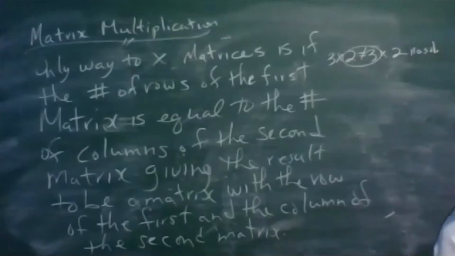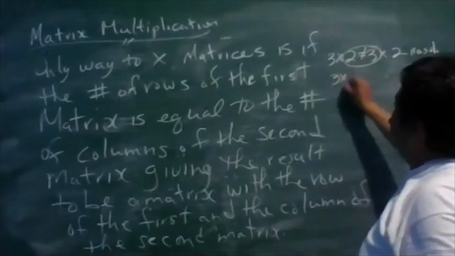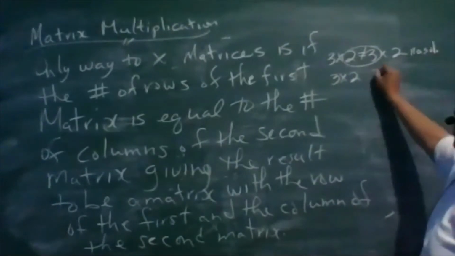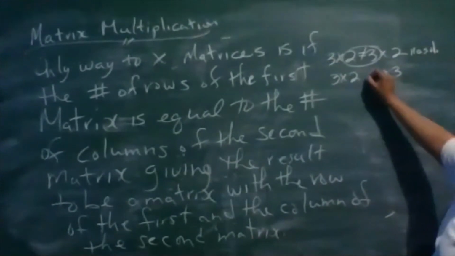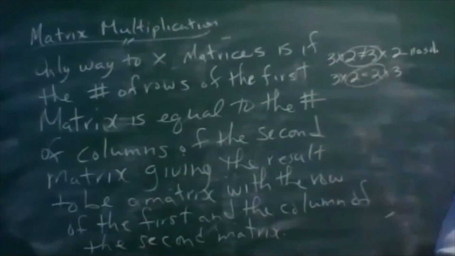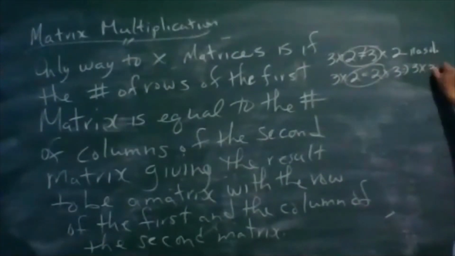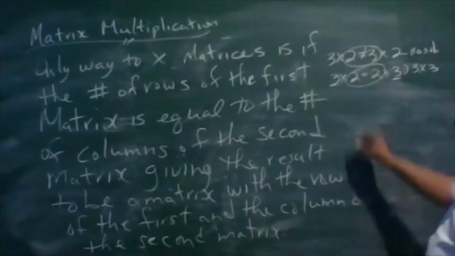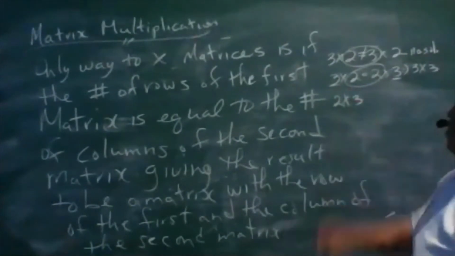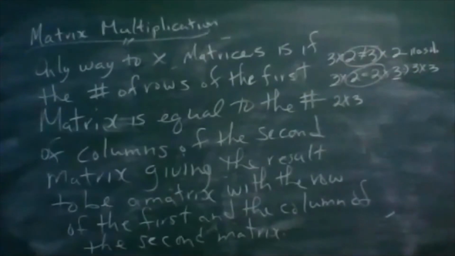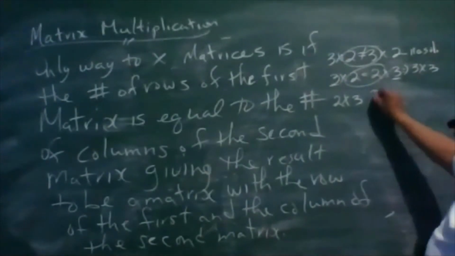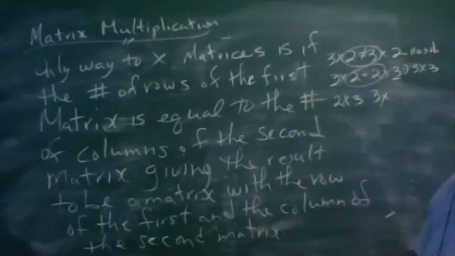But if I have a 3 by 2 and a 2 by 3, since they are equal, I will have as my answer a 3 by 3 matrix. So if I have a 2 by 3 and I want an answer, it has to be a 3 by any number, a 3 by 1 if anything.